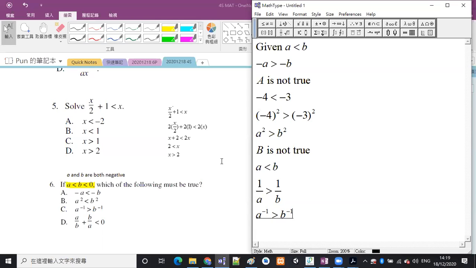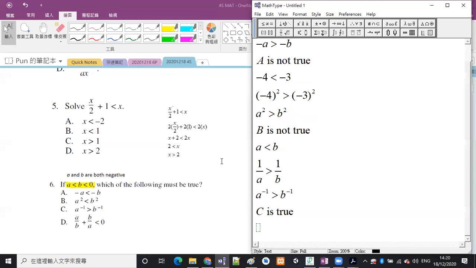Okay? So C is true. So the answer is option C. Can you get this? So I would like to show you why option D is not true.